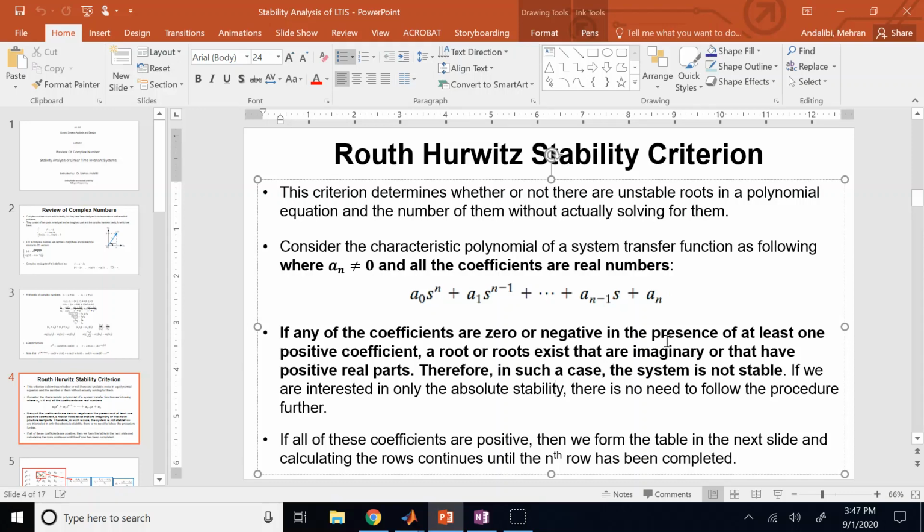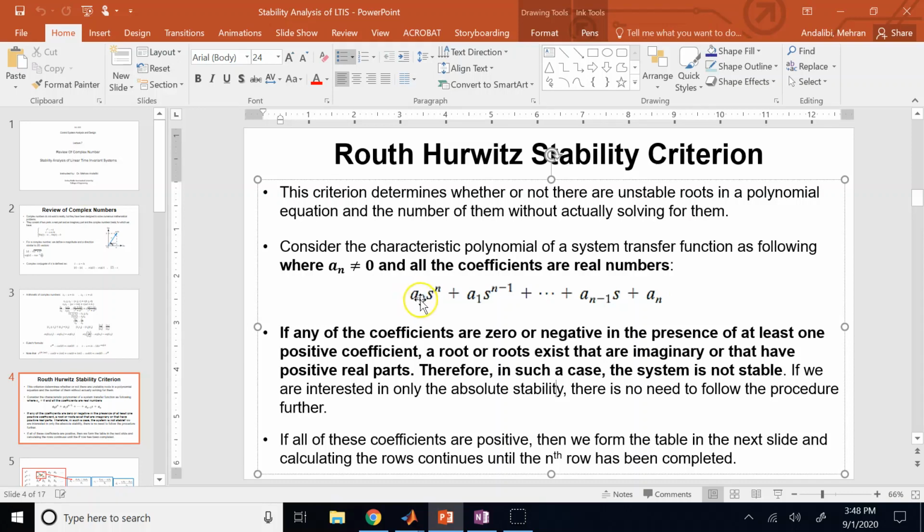So if such a condition exists, you don't need to go any further. Just observe that one of the coefficients is negative or 0, and that means you have something that is imaginary or with positive real part.